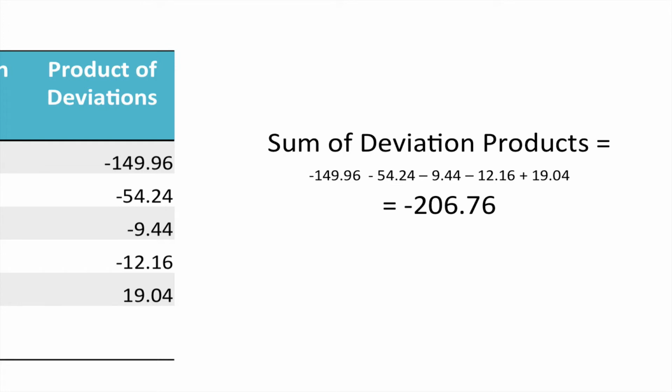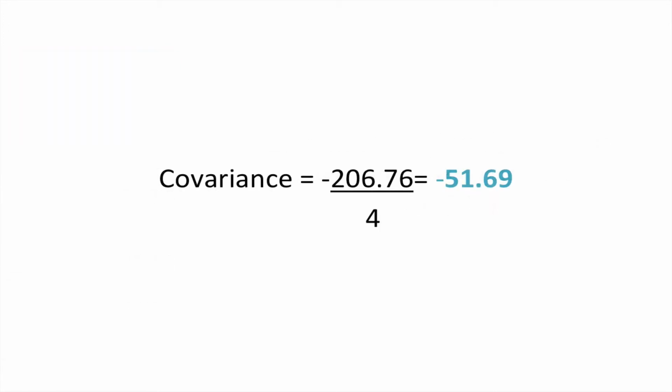Now to calculate the covariance, what we do is take that sum of products and divide it by the number of participants we have. We had 5 participants in this case, so we divide it by 1 less than those 5 participants.